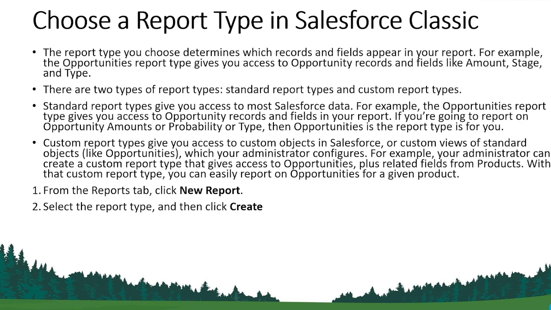Now you choose a report type in Salesforce Classic. When you want to choose a report type in Salesforce Classic, you are determining which type of fields, which type of records you want to appear in your report. So for example, if I create an object, my leads.